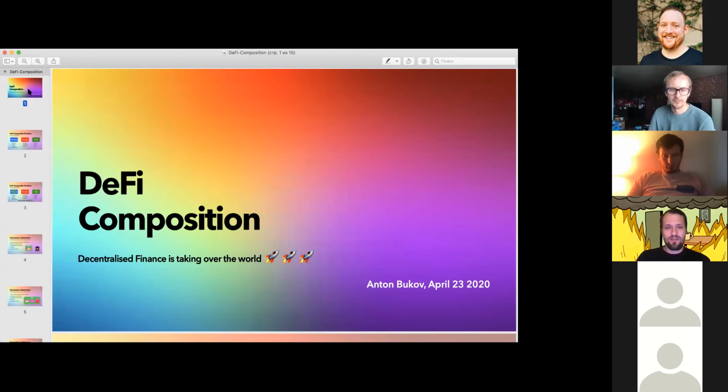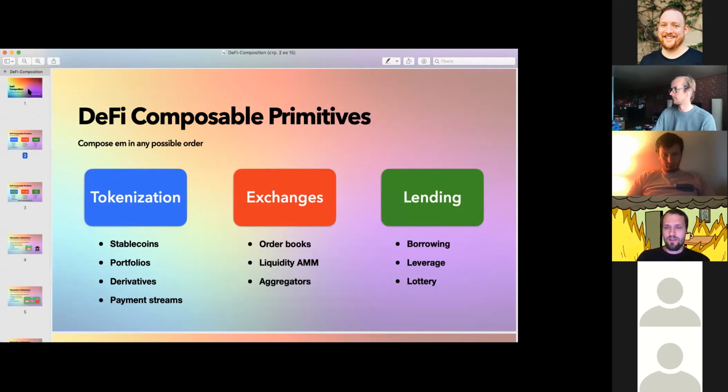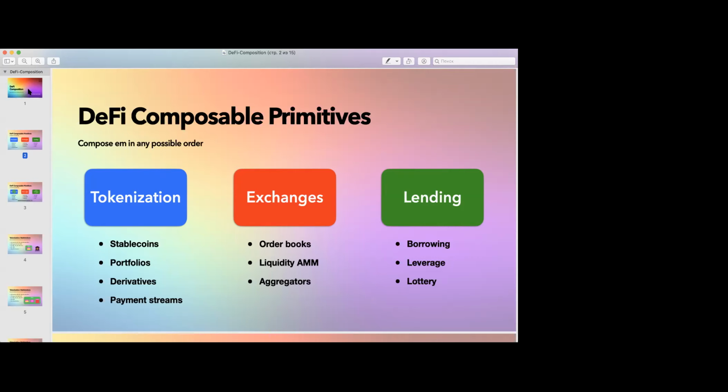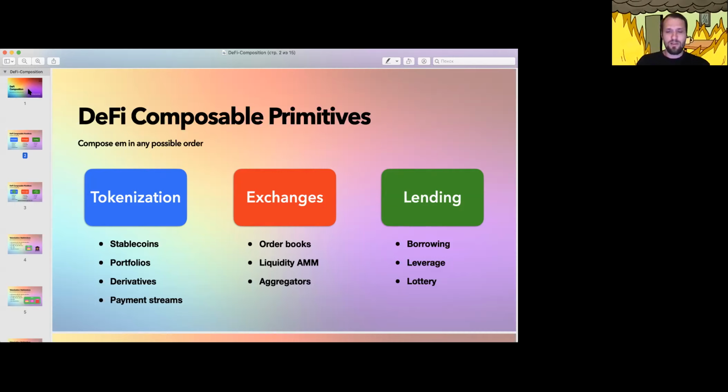So this talk is about DeFi primitives and about composability of DeFi and how everything works. I did some work by extracting primitives from existing DeFi projects. And for now, I found three main categories of them. First one is tokenization. Second one is exchanges.